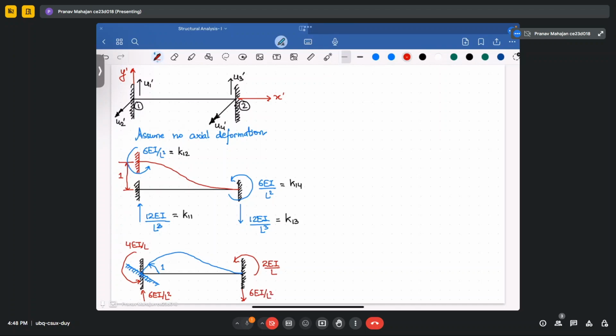This would be due to rotation, this would be your K22. This is joint 1, so this will be K21. This would be your K24, and this will be your K23.